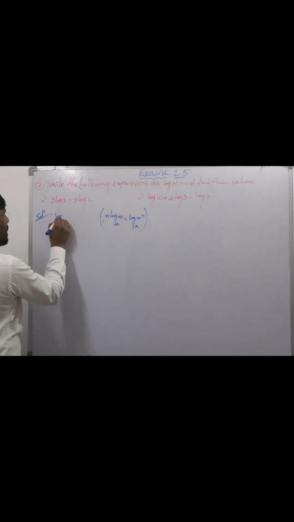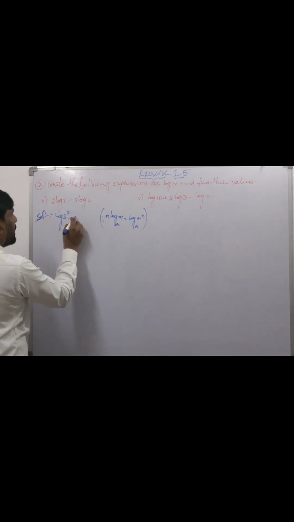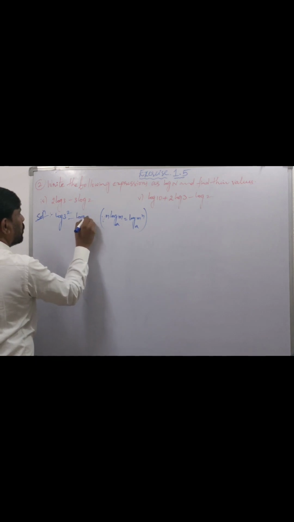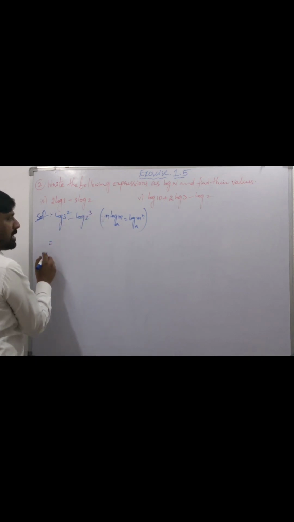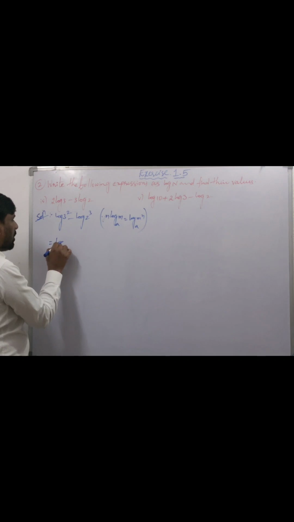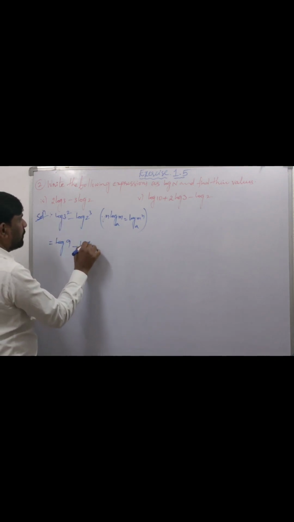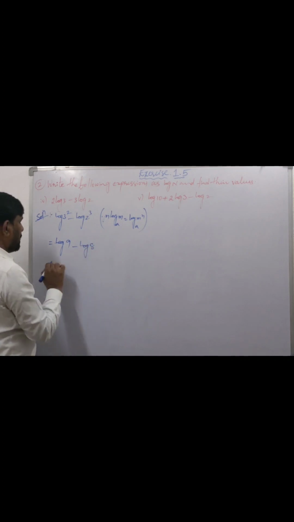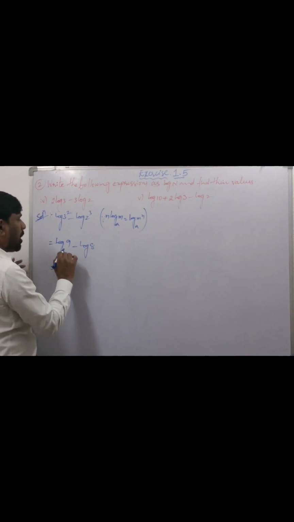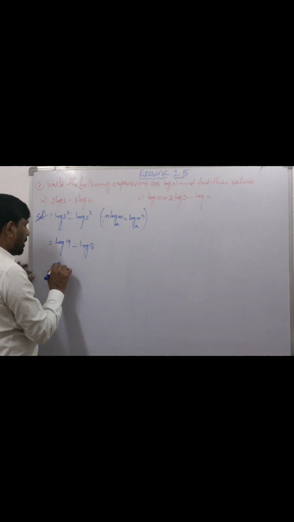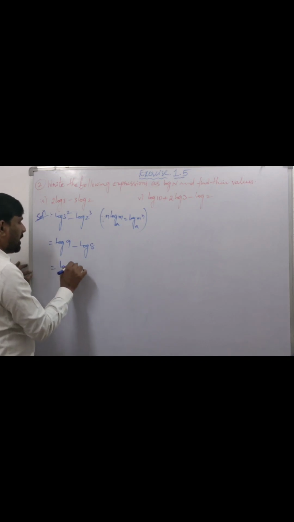This can be written as logarithm of 3 to the power 2 minus logarithm of 2 to the power 3. Now this is equal to logarithm of 3 square means 9 minus logarithm of 2 cube means 8. This is again in the form of log m minus log n. Log m minus log n is nothing but log m by n, 9 by 8.